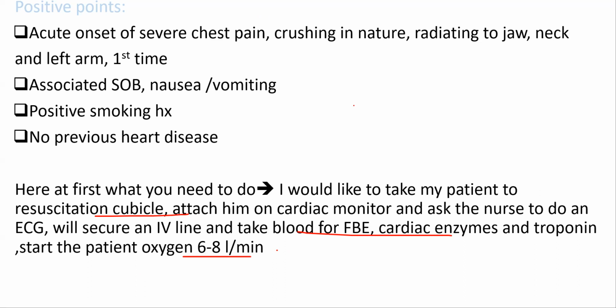If you say the dose of the medication to the examiner, they can become a little bit happy with you. It's not mandatory, but you can say it. So you can say, I will start him on 300 milligram aspirin. Oxygen by mask if the saturation is less than 94%.